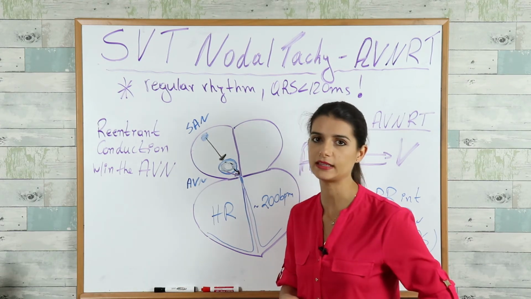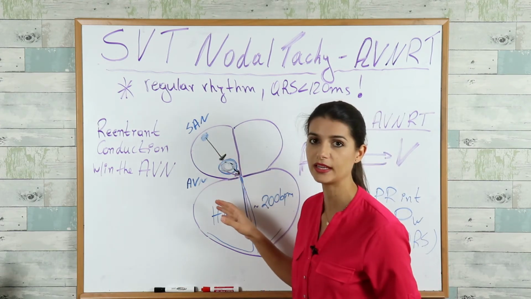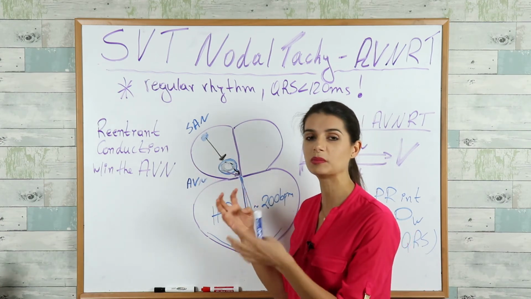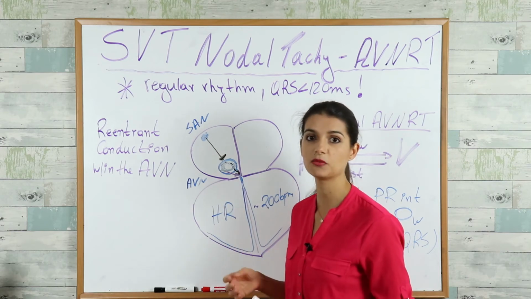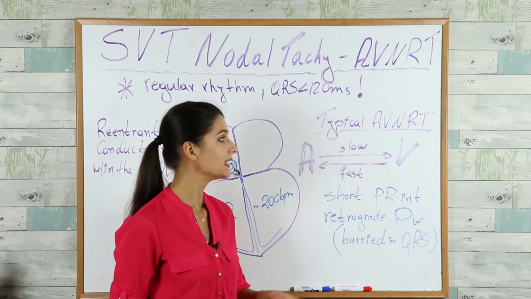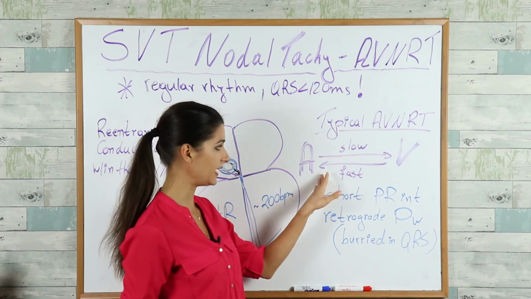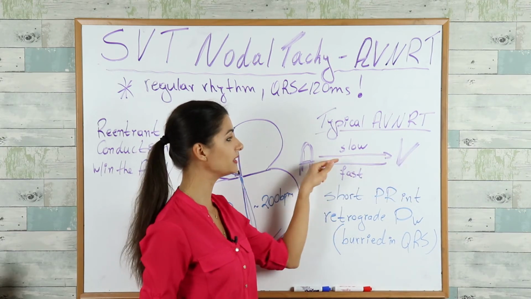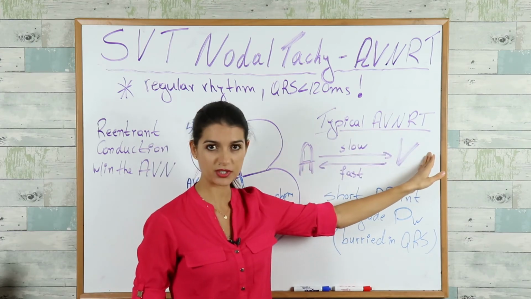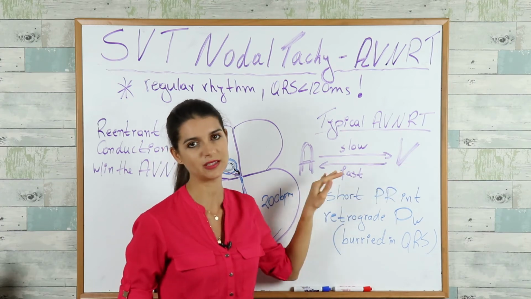Now, because there is a slow pathway and a fast pathway within the AV node that this additional premature signal can take, we have two types of AVNRT. In typical AVNRT, the signal will travel from the atria to the ventricles through the slow pathway, and then it's going to go back up from the ventricles to the atria through the fast pathway.